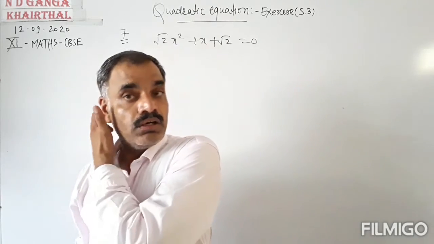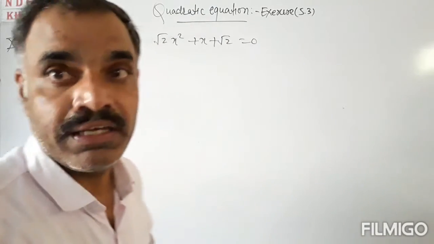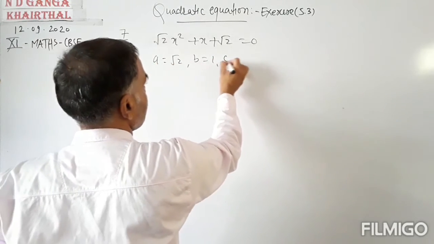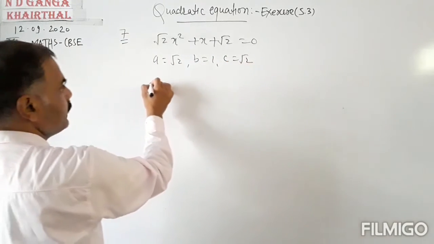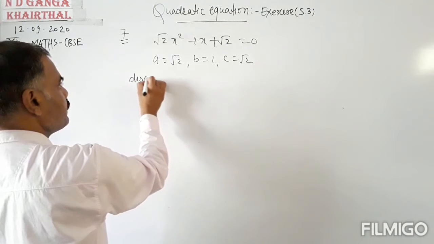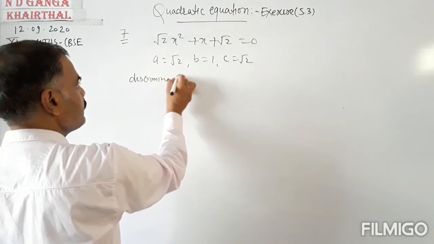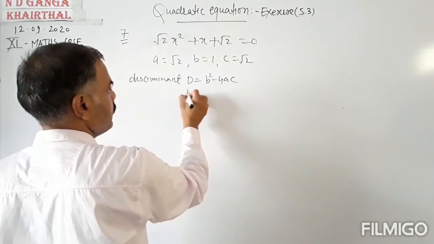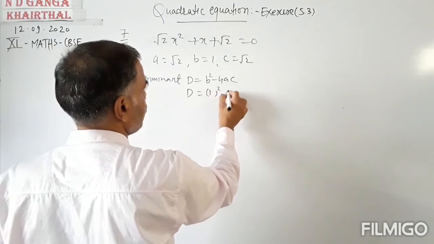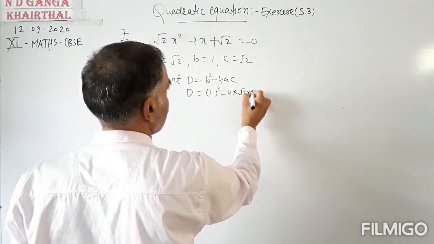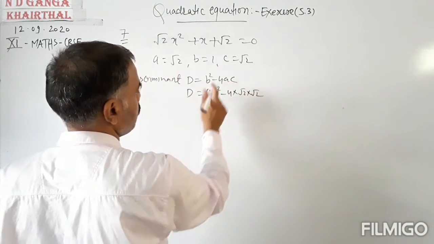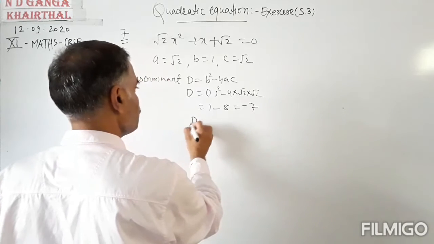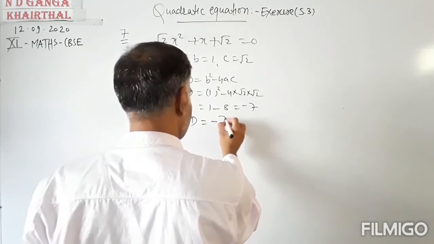Okay, so let us have the values of a, b, c. A is equal to under root 2, b is equal to 1 and c is equal to under root 2. Discriminant d is equal to b square minus 4ac, that is 1 square minus 4 into under root 2 into under root 2, which equals 1 minus 8, that is minus 7. So d is equal to minus 7.